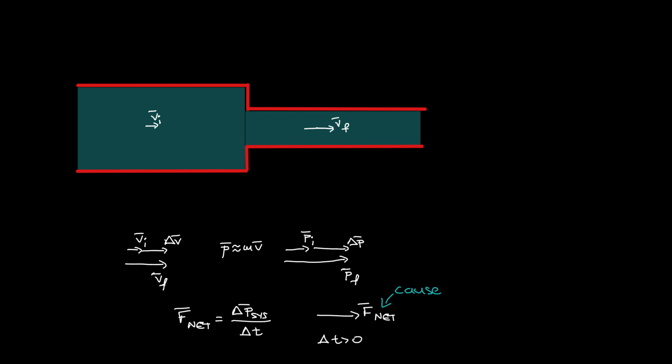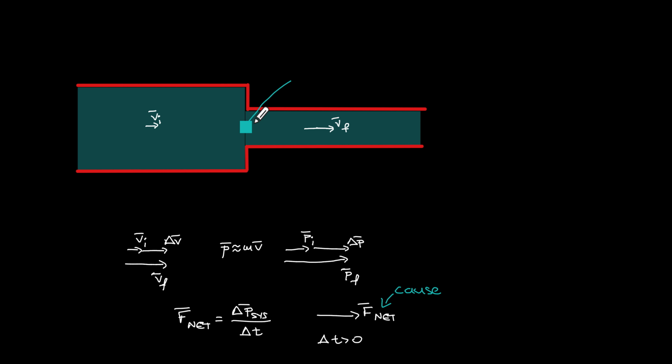Now, the way that I will find out what that gives me, I will say I'm gonna choose a portion of the fluid, let's say this, and I'm gonna make this to be my system.